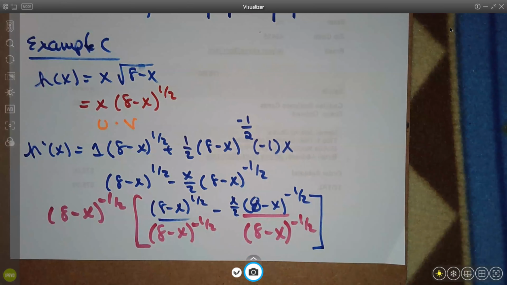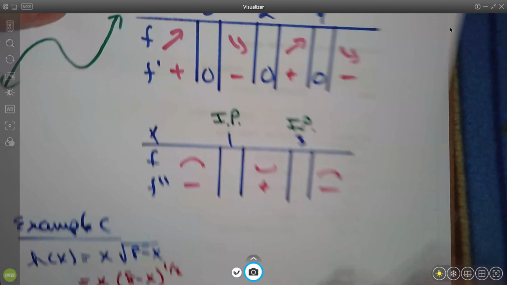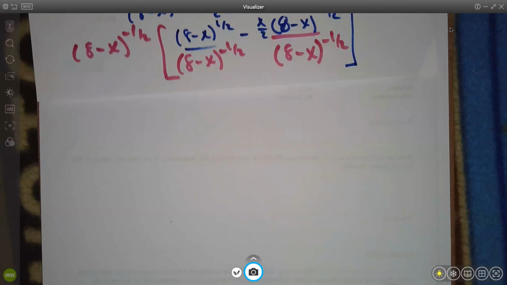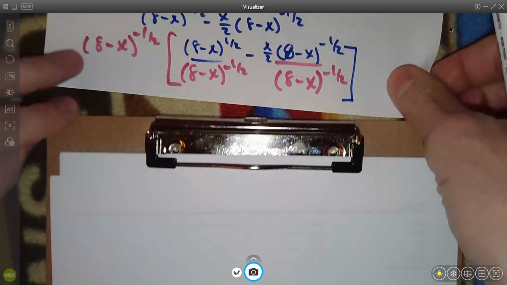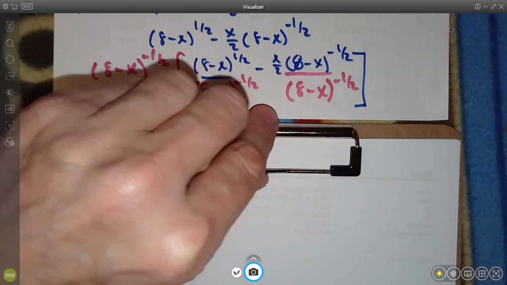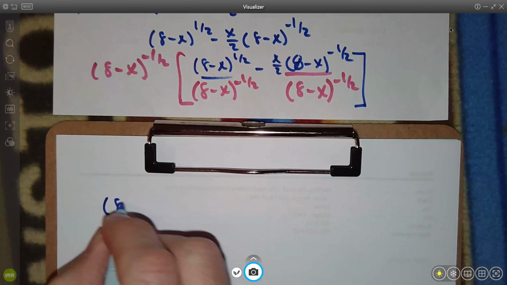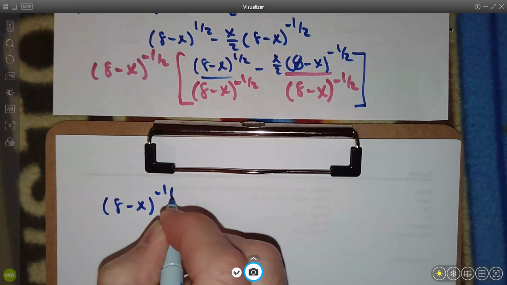But I'm going to get a lot of really nice simplification here that you want. So let's see what happens when we factor that. So the 8 minus x to the negative 1/2 term is going to be out front.